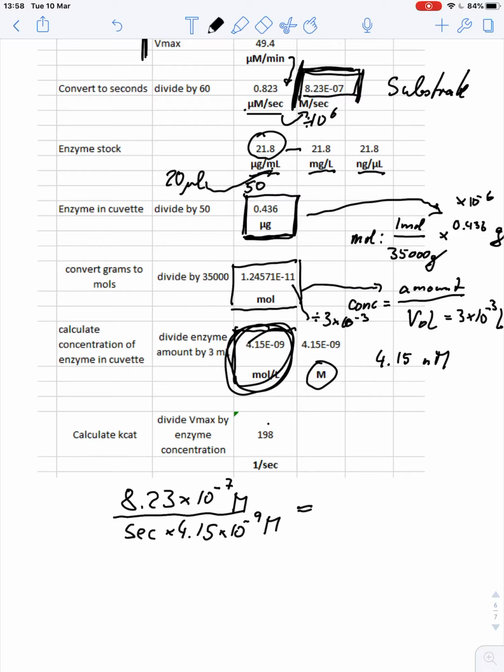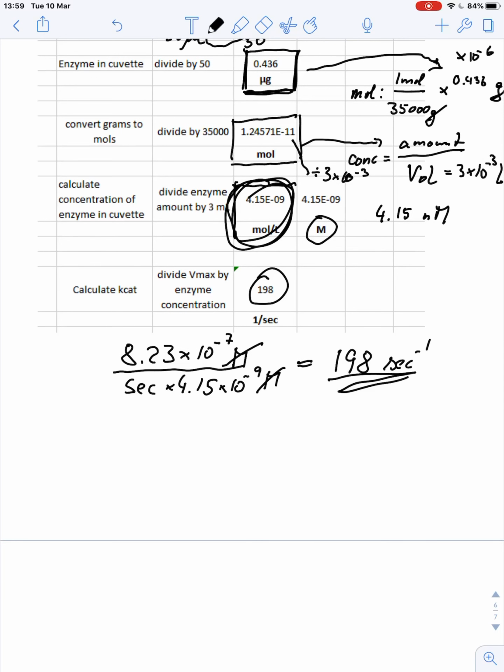That's this number that we just calculated for the enzyme, and when we do that we will get 198. What is the unit that's left? Well, the molar cancels out, and all we have left is the unit second, so this would give us 198 seconds to the minus 1.